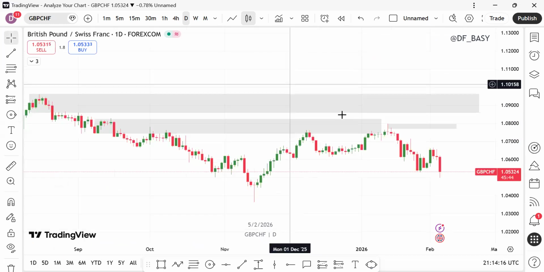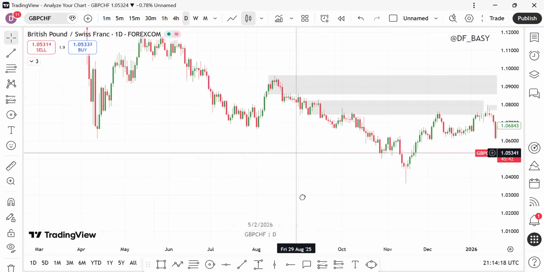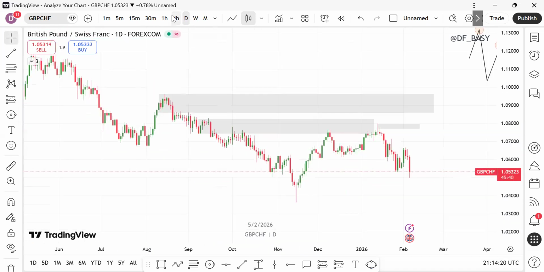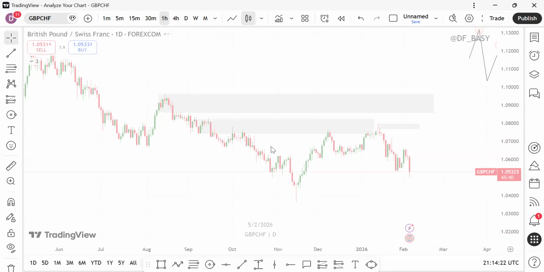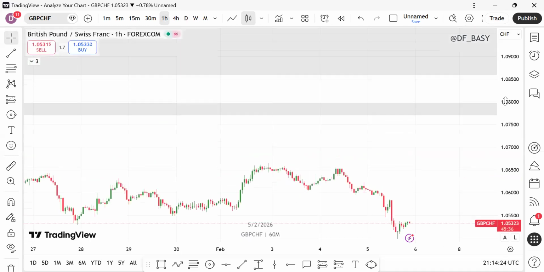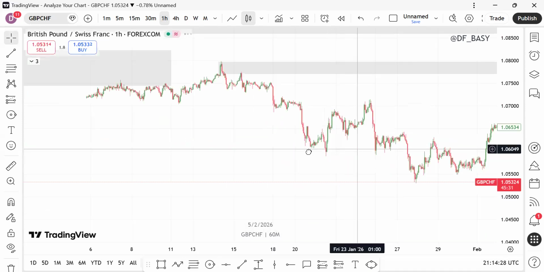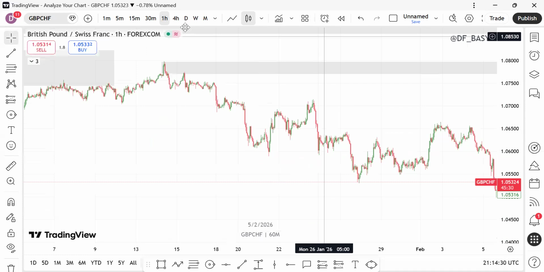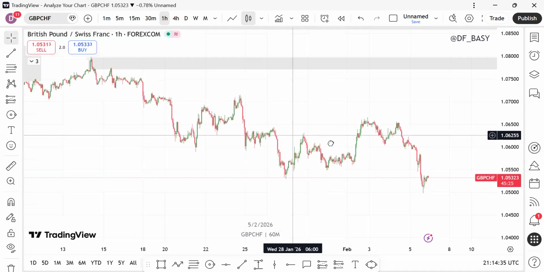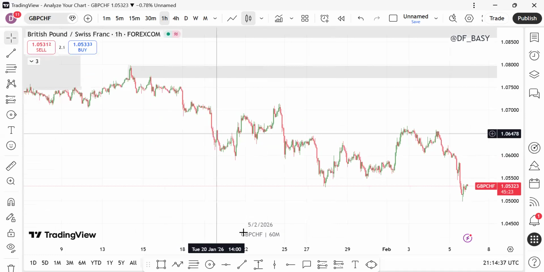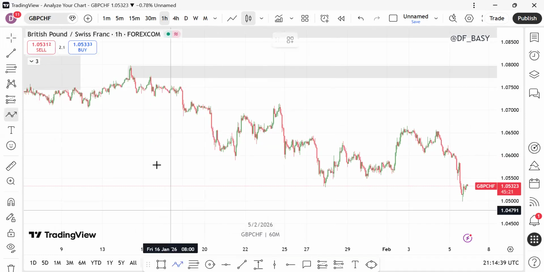So let's go to the chart. Let me break down to the 4 hours time frame. Now on the chart here, if I want to identify the trend of this market, what does it look like?